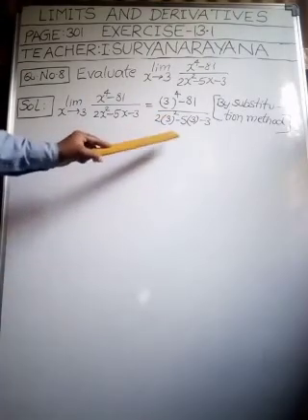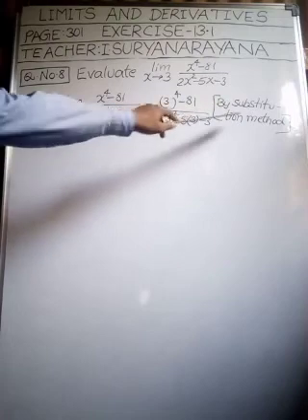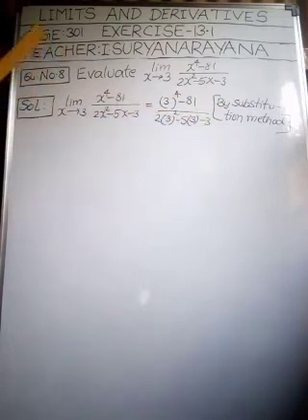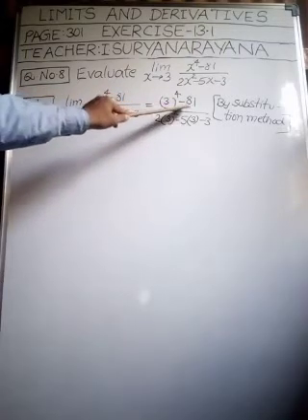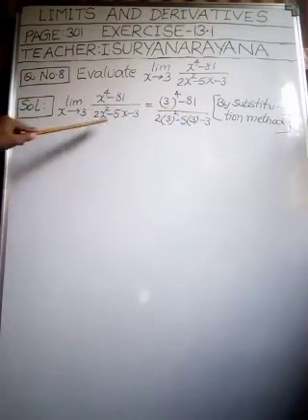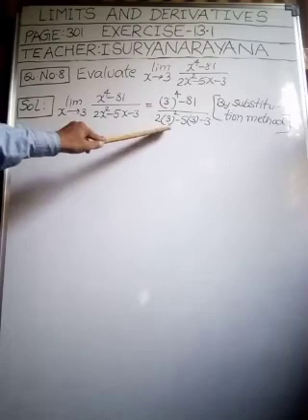Understood this step, my children? By substitution method we got this step. Substitution method means just we substitute x value, x equal to 3, in the given function. In the numerator 3 power 4 minus 81 whole divided by, in the denominator also we substituted x equal to 3. Understood this step, my children?